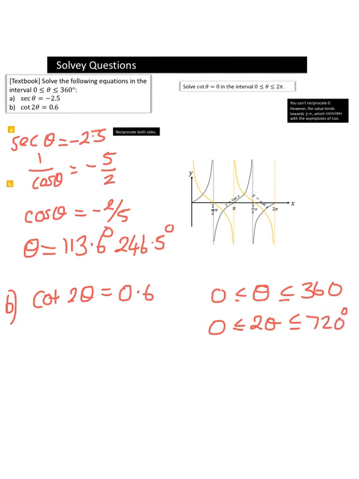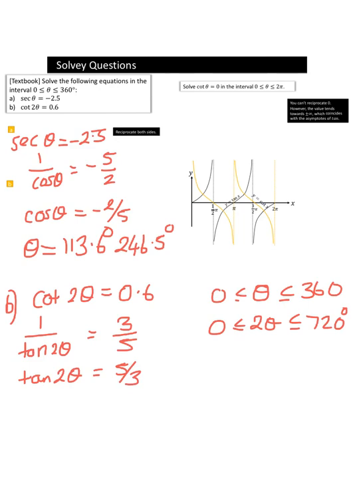Remember to change your range. Right, so cot 2 theta is 1 over tan 2 theta, and that equals 0.6, 6 over 10 or 3/5. So reciprocating both sides will give me tan 2 theta equals 5 over 3.